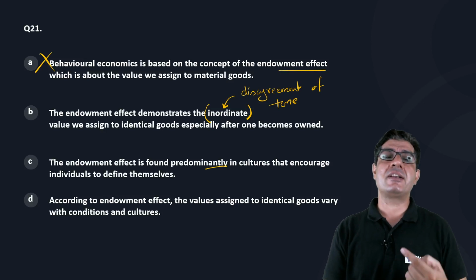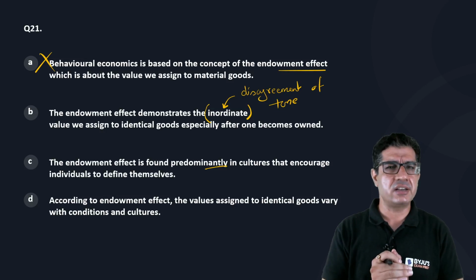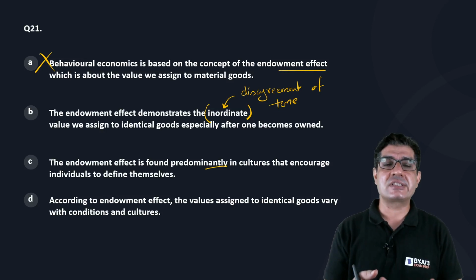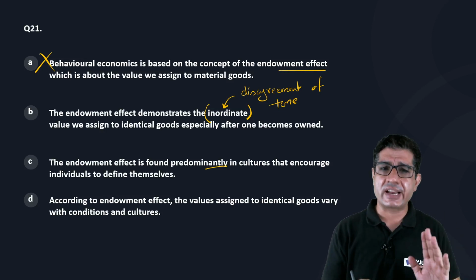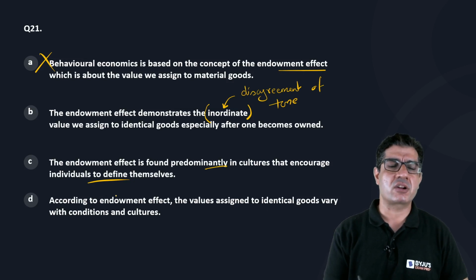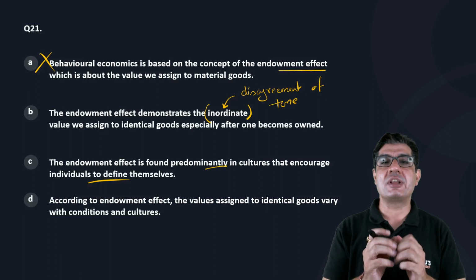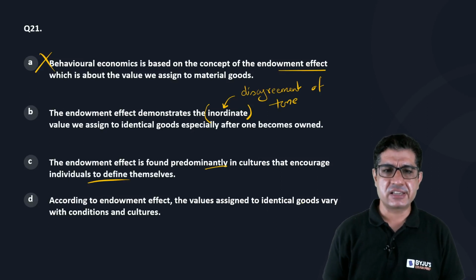So independent self-construal, you are defining yourself as an individual separate from the rest. Interdependent, you are defining yourself in terms of the relations or the collective. Right. So the cultures were not different on the basis of whether individuals define themselves or not. They were different on the basis of how and what you use to define yourself. So this is a distortion.